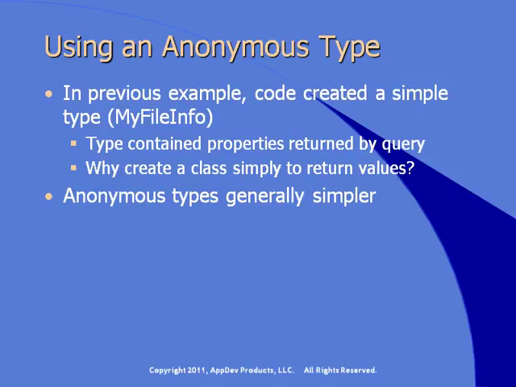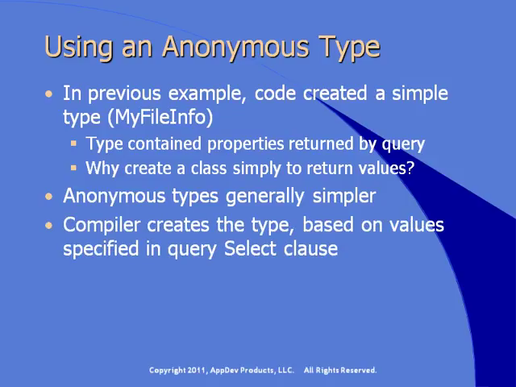An anonymous type is a class that the compiler generates for you based on the fields you want to retrieve from your query. The compiler creates the type based on what it sees in your query select clause. You'll never know the type's name unless you look at the IL that's created by your application. You'll see that the compiler does create a type and gives it some obscure name that it uses while running your code.